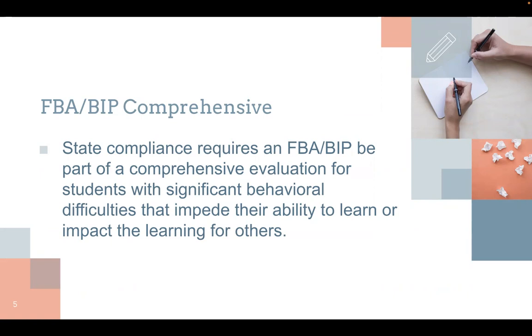It's just a given. Oftentimes students with ASD, so autism spectrum disabilities, and ID, intellectual disabilities, will have social emotional behavior needs that accompany their disability. And so you would also want to create FBAs and BIPs as part of their eligibility and reevaluations too, and at least update them.